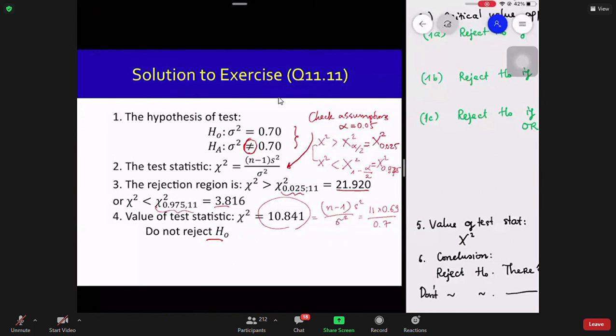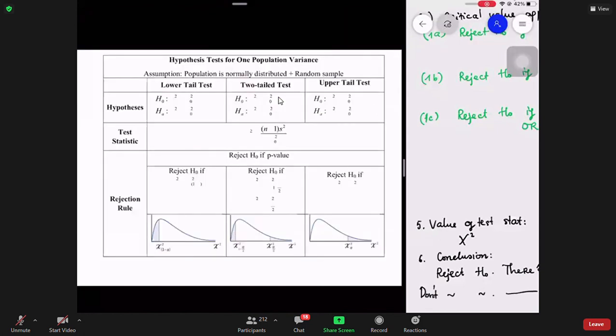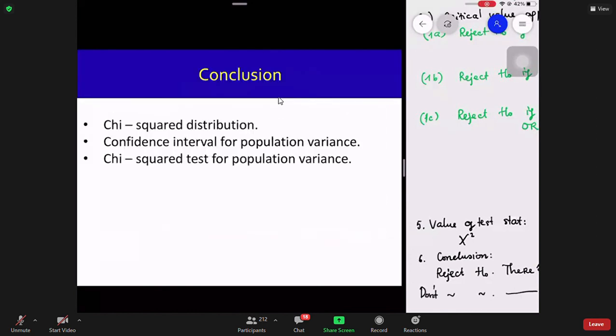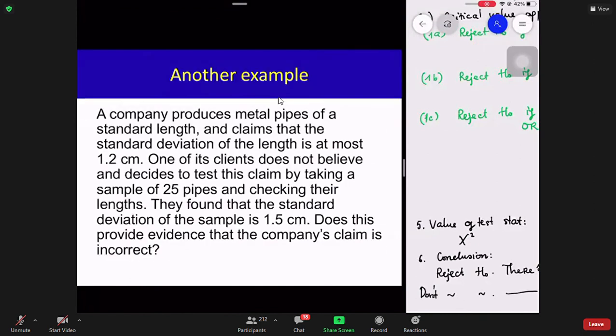All right. So this is how we do the test here. We still have one more example. This is the summary, but I think that it is quite difficult to see here. We still have one example here, but I think that I have taken up a lot of time from you already.